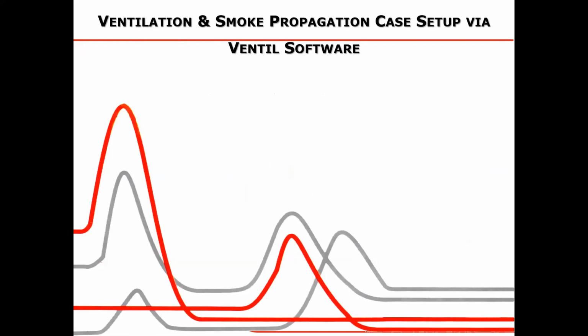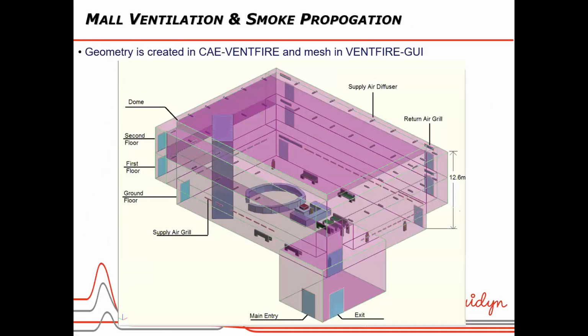This case is part of the hands-on training. I will show you more details about this case. This is a ventilation-cum-fire case. If you see, it's a ground floor, doors are kept open, then first floor, second floor. This is a dome.